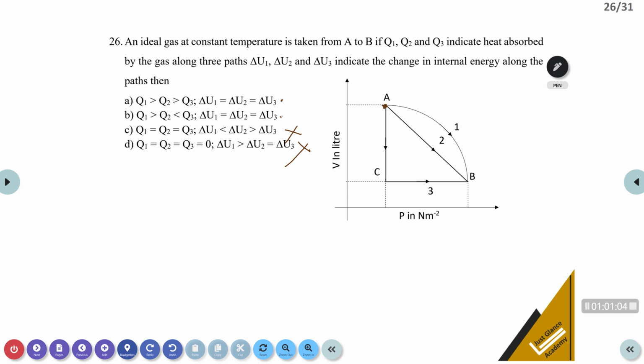Already I told you that the area under the PV diagram represents work done. So this area is more. When area is more, work done is more. When work done is more, heat transfer is also more here. So this is the right choice. This is wrong. Next.